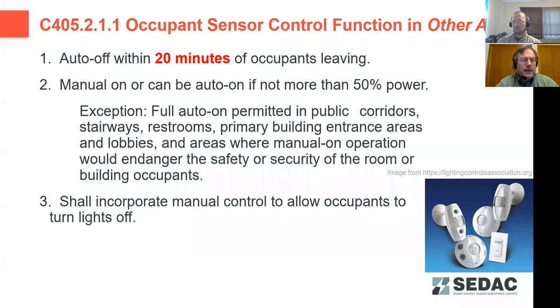So an important feature here is this third point, that we need to be able to incorporate a manual control so that occupants have the ability to turn the lights off in these areas.